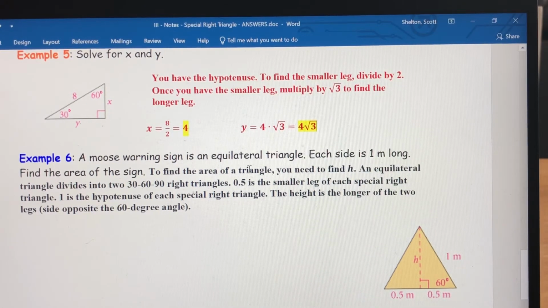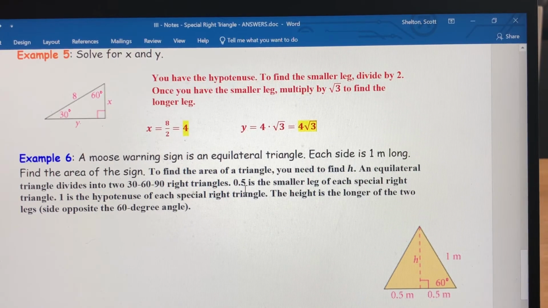The area of a triangle is A equals 1/2 times the base of the triangle, which is 1, times the height of the triangle, which I don't know yet. When we divide an equilateral triangle into 2, when we draw this height here, I've got a 30-60-90 triangle here and a 30-60-90 triangle here.